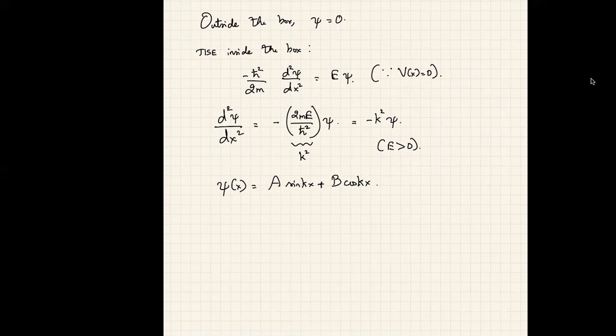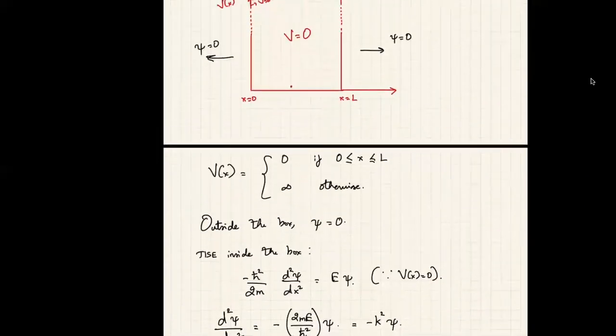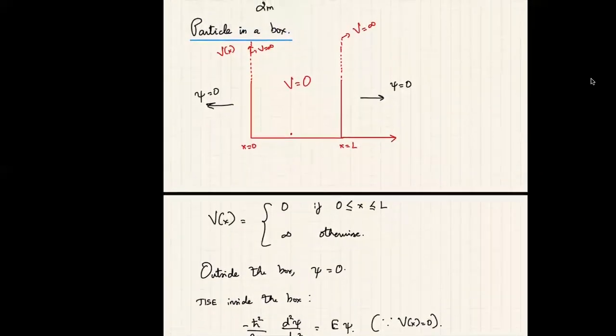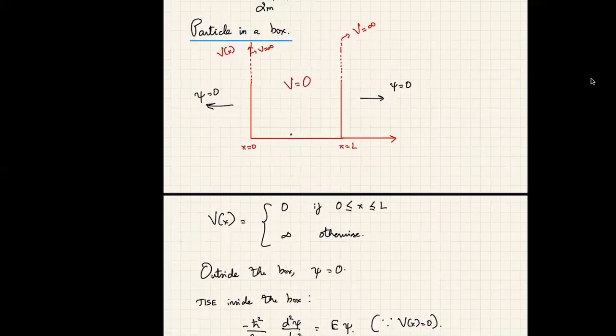And I'm done. Well, ordinarily, if you have such barriers, the way you would construct the general solution is by appealing to the boundary conditions. So assume, for instance, that these barriers were not infinity, but were of some height V0. Then of course the particle can be found outside x equals 0 and x equals L. So on the left and the right, let us call these regions 1, 2, and 3.